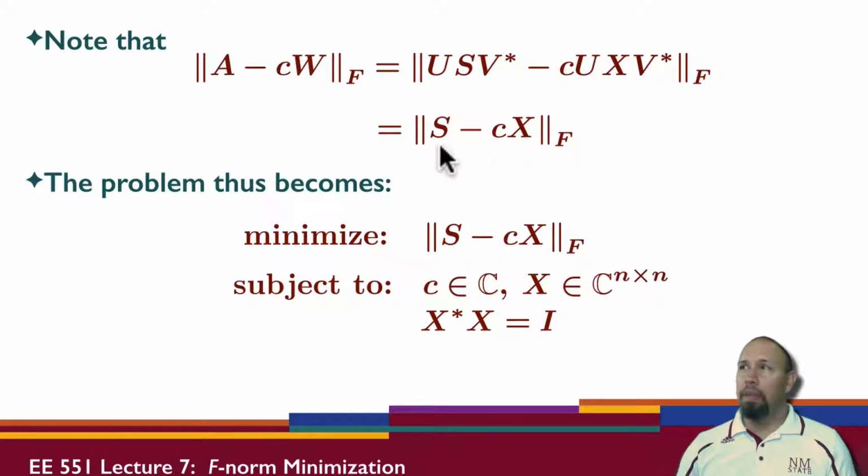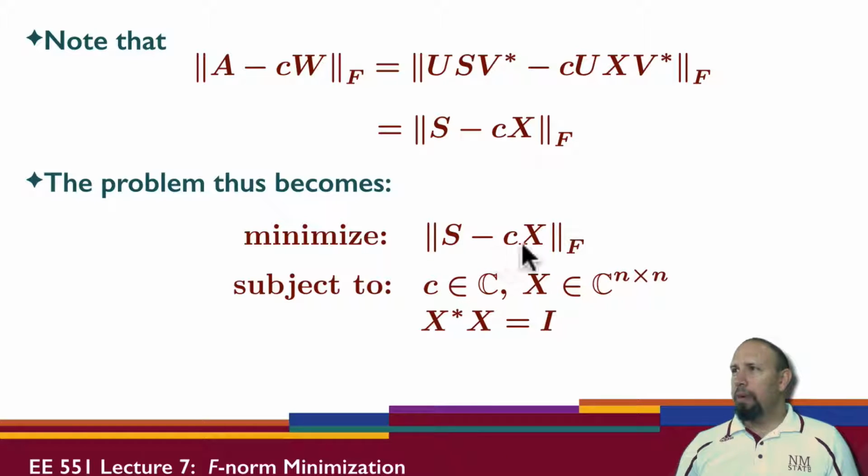So we can drop those unitary matrices and we have the same norms. So now this is a diagonal matrix, this is a unitary matrix, and so we've basically transformed our problem from a standard matrix and a unitary matrix to a diagonal matrix and a unitary matrix. Okay, so we've changed our problem and made it simpler in some ways.